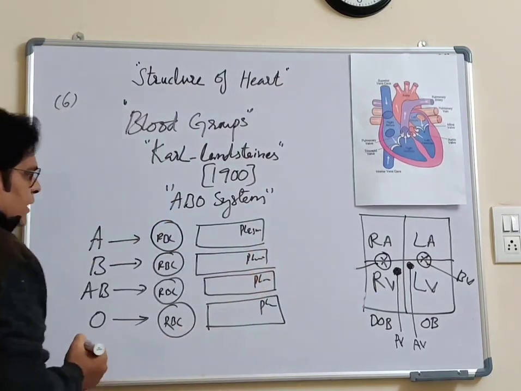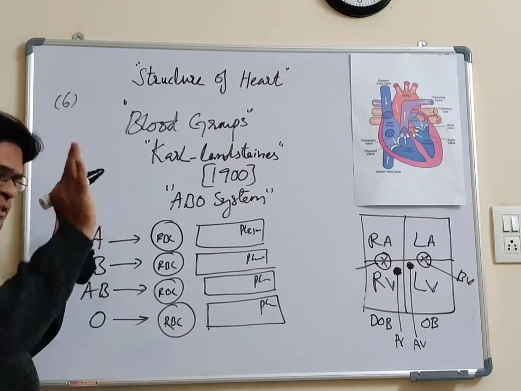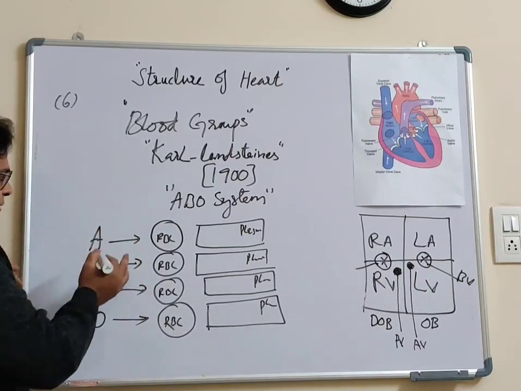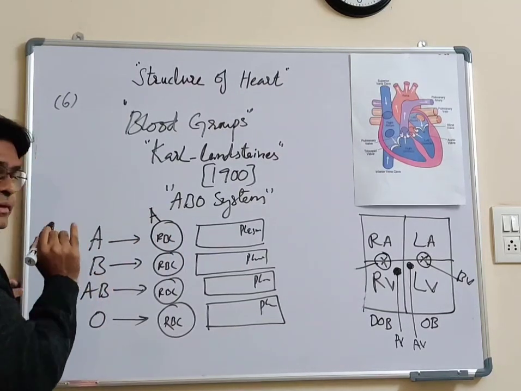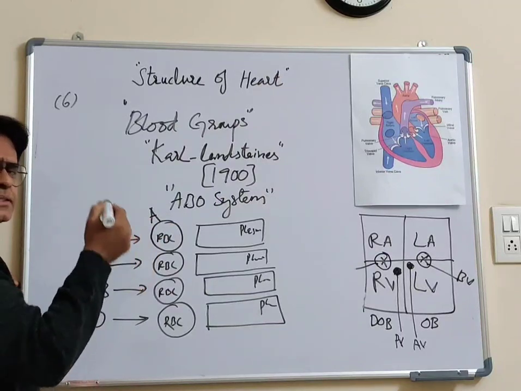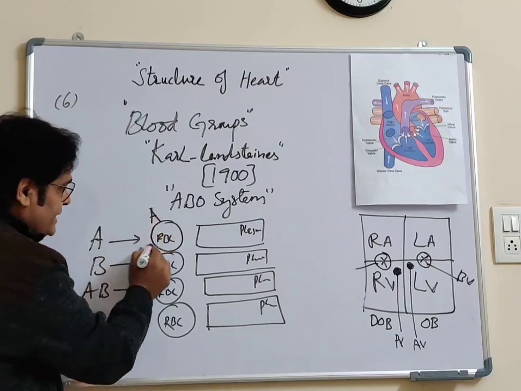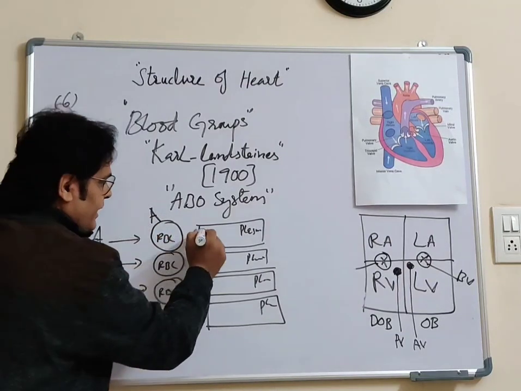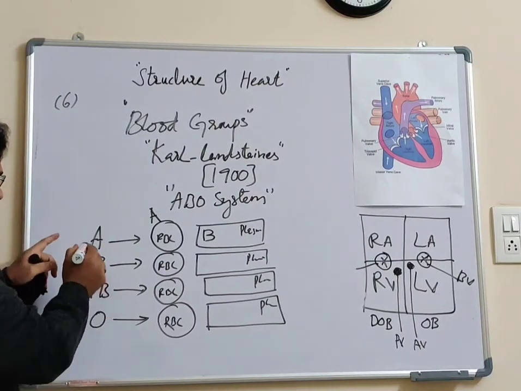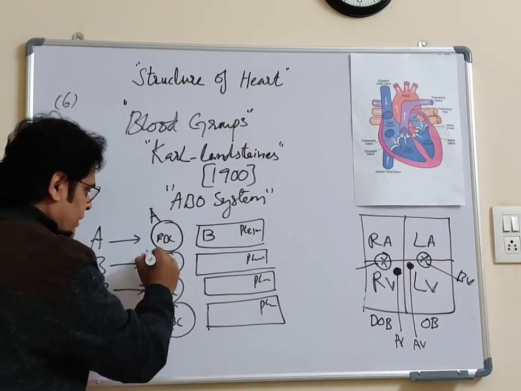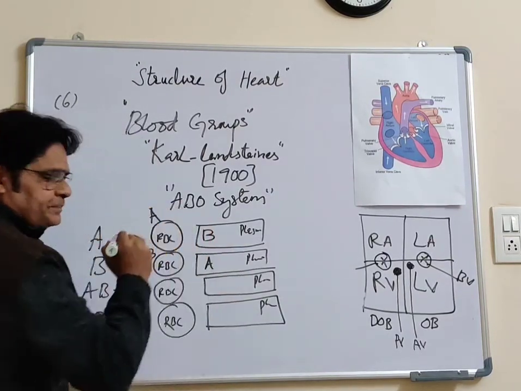Now, a person with blood group A will have antigen A on the RBC membrane. This is very, very important for 10th class and 12th class. A person with blood group A has antigen A on the RBC membrane and antibody B in plasma. A person with blood group B will have antigen B on the RBC membrane and antibody A in plasma.